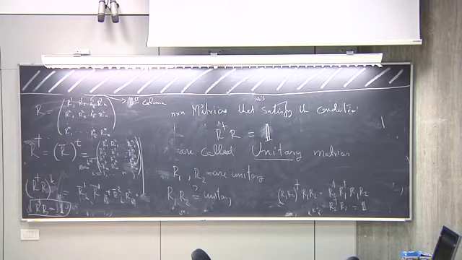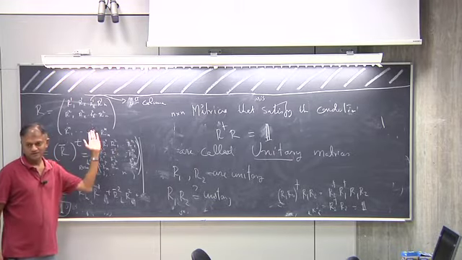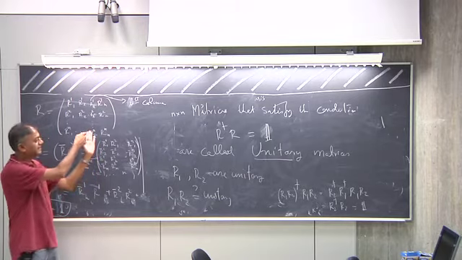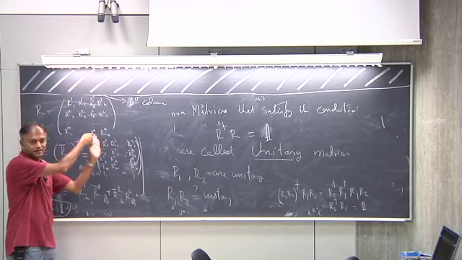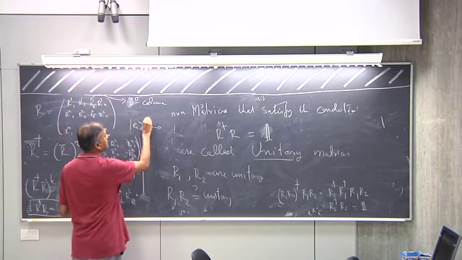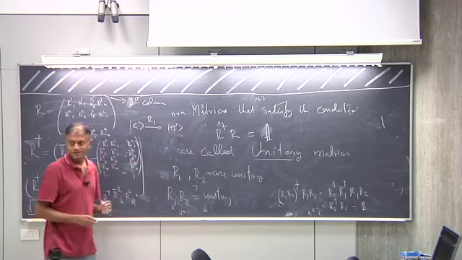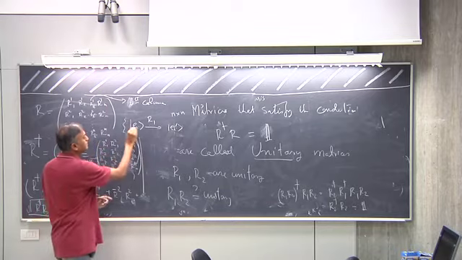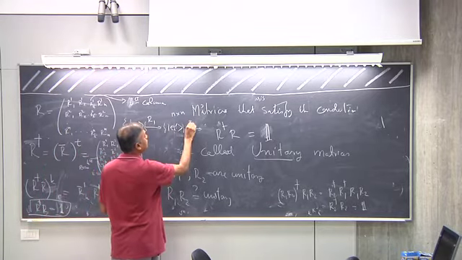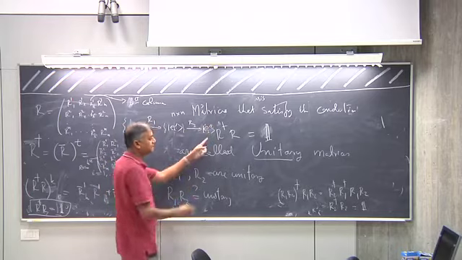Why? Because one unitary matrix took you from one orthonormal basis to another orthonormal basis. So let's say from e_i, by applying R1, I go to some e_i prime basis. These are orthonormal. Then I apply R2 to go to some e_i double prime, yet another orthonormal basis.